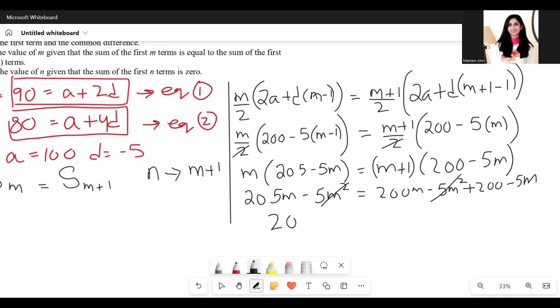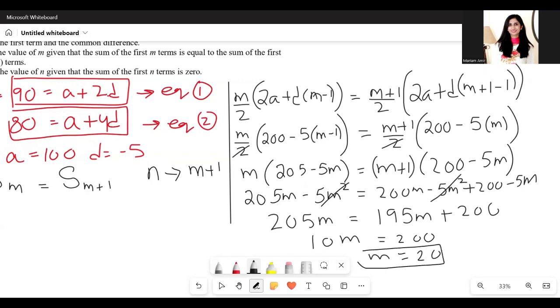This becomes 205m and this becomes 195m plus 200. When we subtract, we get 10m equals 200, which gives us m equals 20. That is the answer.